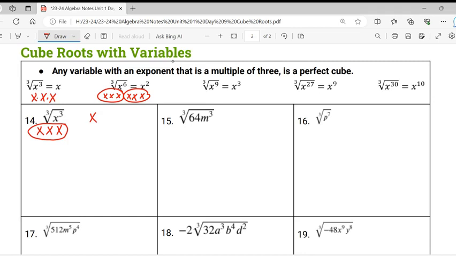Let's take a look at our values. 64. Was 64 one of our perfect cubes? Let's take a look. Factor it. 2 and 32, 2 and 16, 2 and 8, 2 and 4, 2 and 2. And we also have m to the third power, 1, 2, and 3 m's.